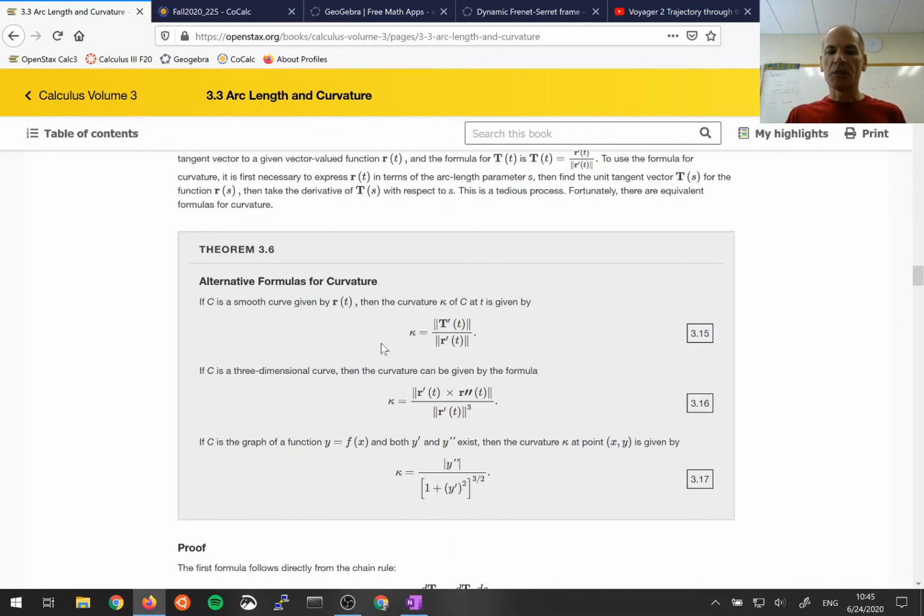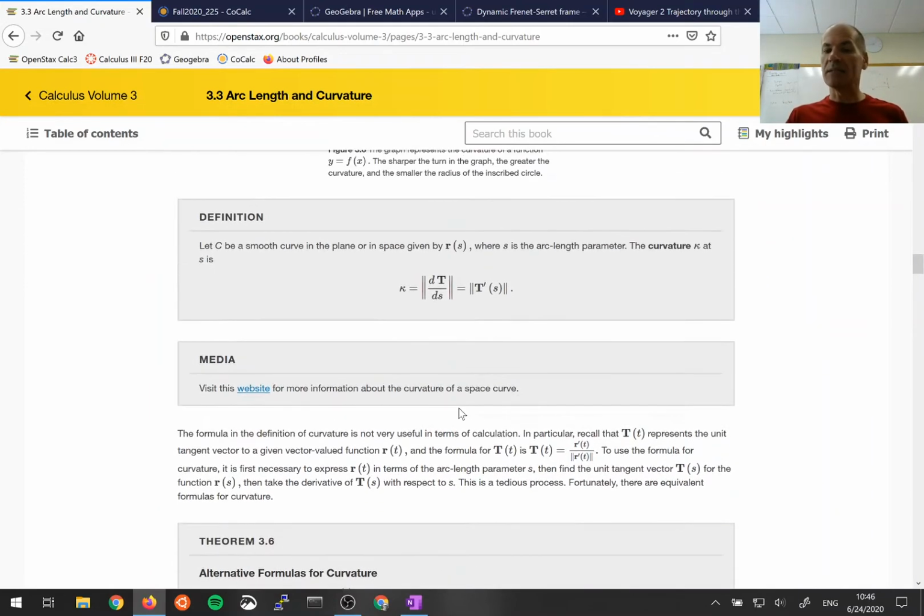The middle formula is beautiful because if you're given a space curve r of t, you can compute r prime of t quite easily and r double prime of t quite easily. Also, there's a bit of a typo here in the book, or a rendering issue. This is just r double prime, the second derivative of r with respect to t. So back to computing curvature, you compute r prime, you compute r double prime, you compute the cross product, you compute the magnitude of r prime, you cube it, you form this ratio, and you've got kappa, and that sounds like a freaking nightmare, I got you.